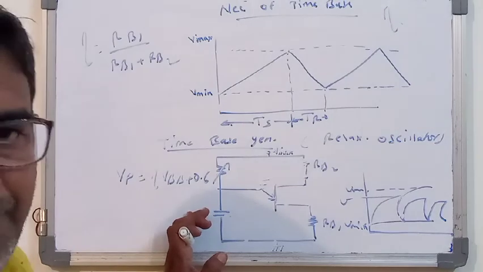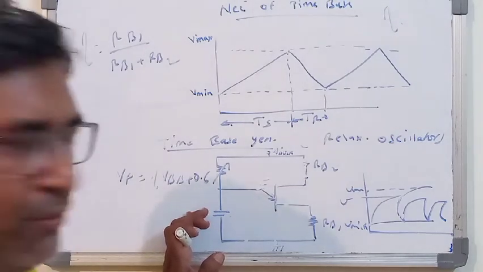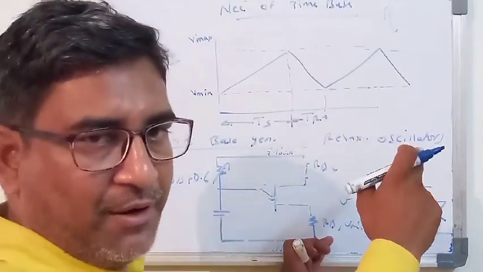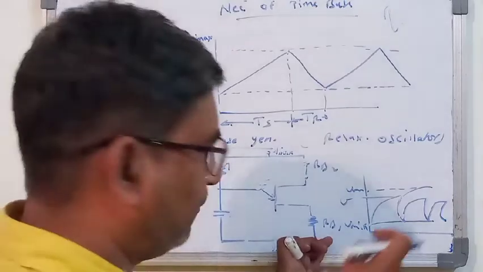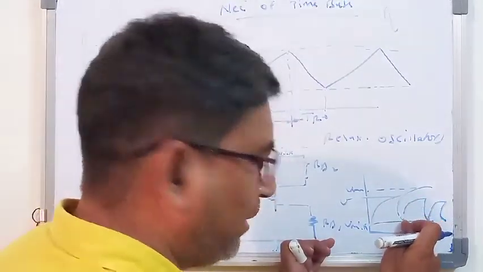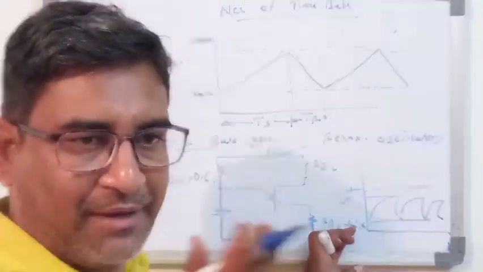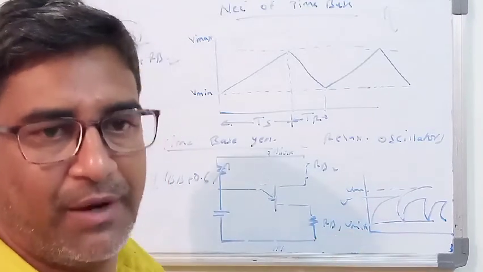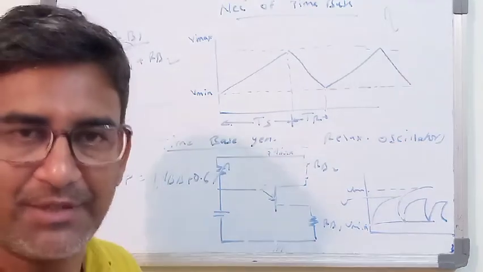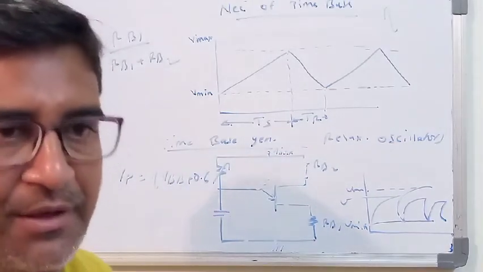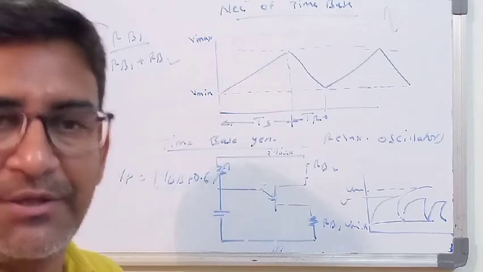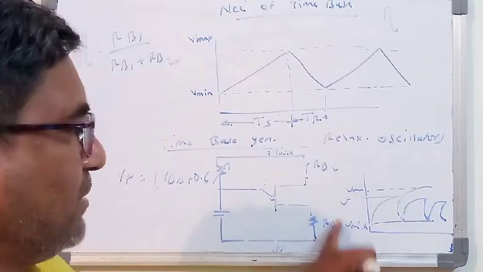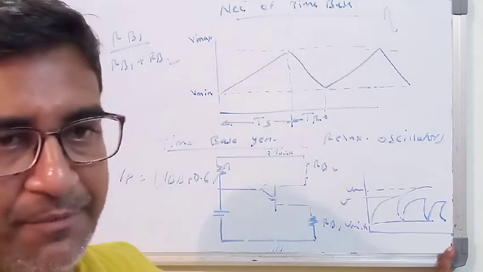The value of VE decreases to the V minimum value, and at that point the UJT gets turned off, meaning it is not in a working condition. The capacitor then charges again, and this cycle of charging and discharging provides a sawtooth waveform, which is the waveform drawn by me.